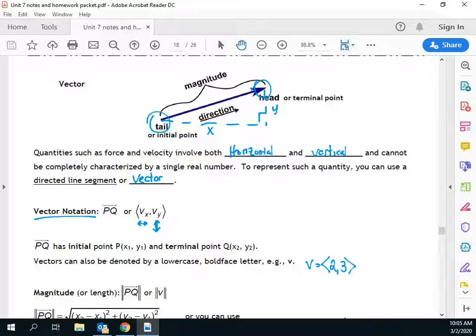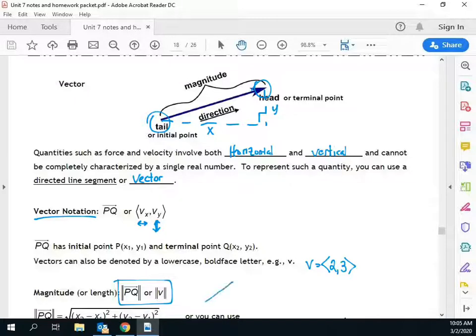Okay? And of course, one more thing is, what's the magnitude of it? Magnitude is denoted by two vertical lines on each side of the vector's name. To calculate it is going to be something very familiar. Let me ask you something, guys.